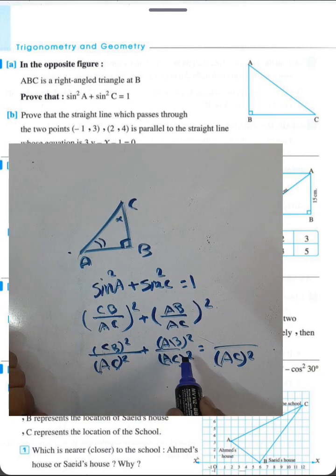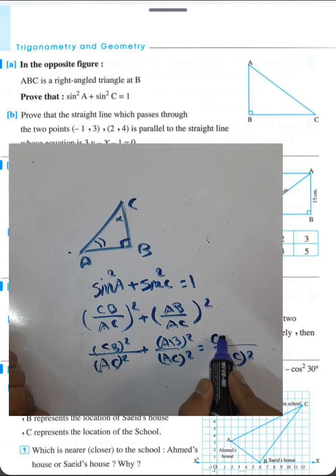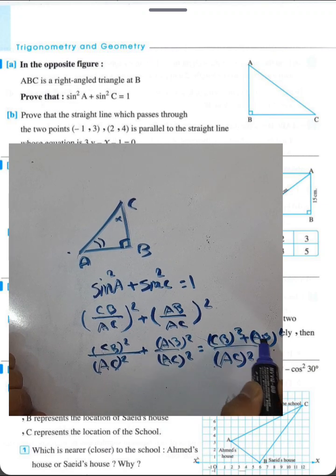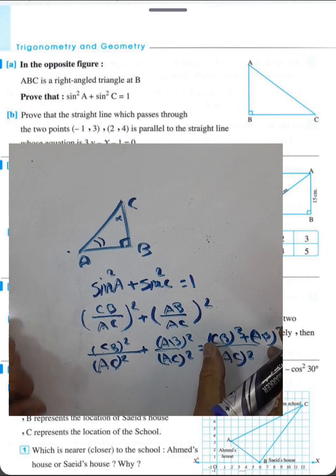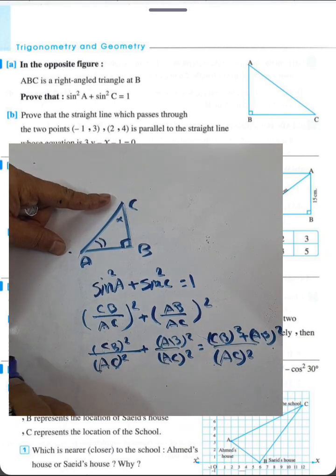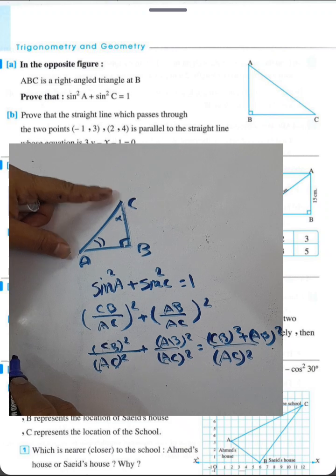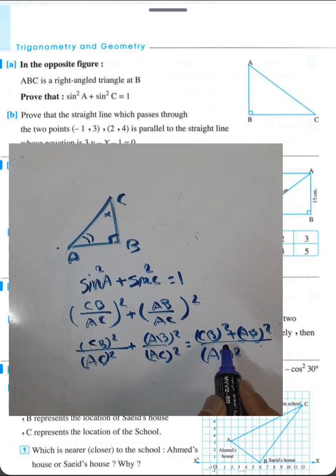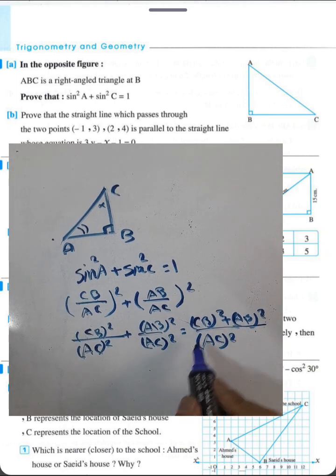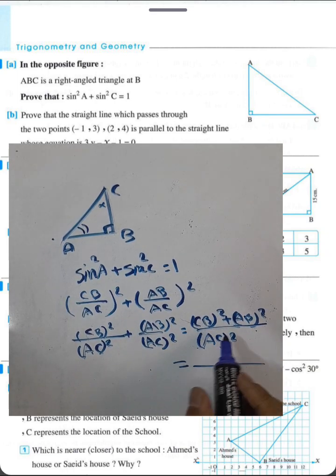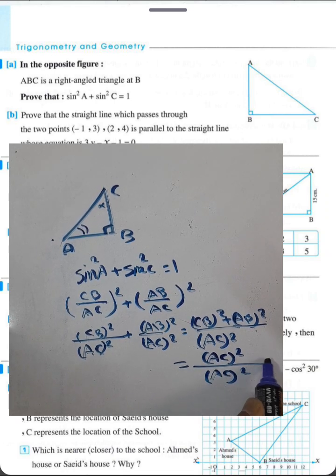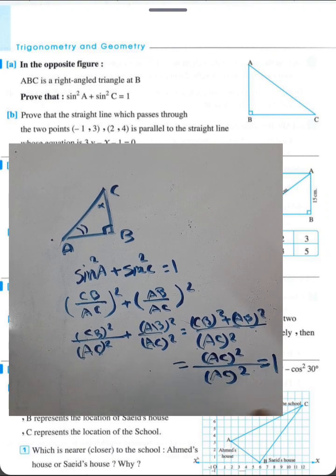From Pythagoras, CB power 2 plus AB power 2 will be AC power 2. We know AC power 2 equals AB power 2 plus CB power 2. Then we can cancel, writing AC power 2 over AC power 2. The result of dividing them will be 1. Okay.